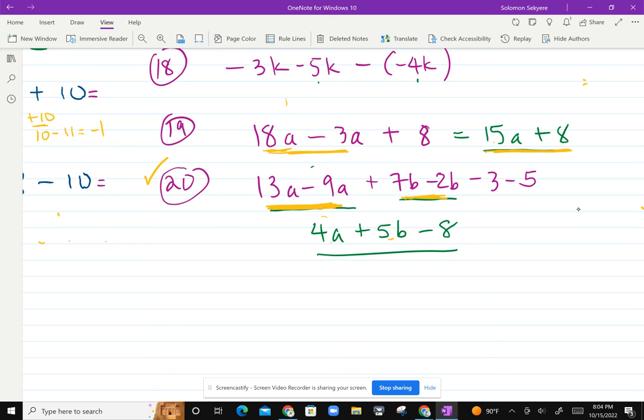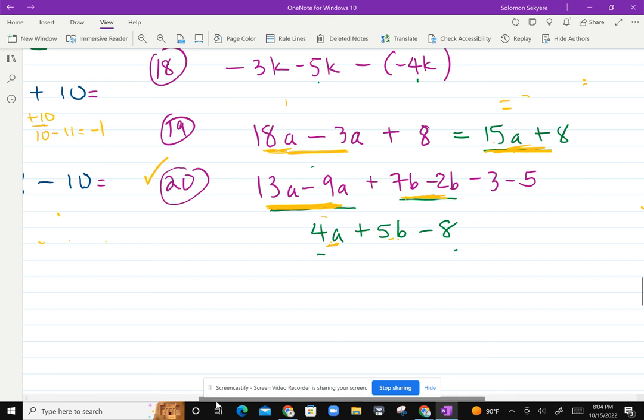These are not like terms. So when you get to this point, you're done. Don't say this is 23. And you're not going to add 4 to 5 and get 9. They are not the same thing. So these are unlike terms. So you leave that like this, okay?